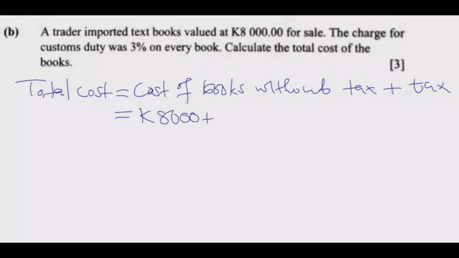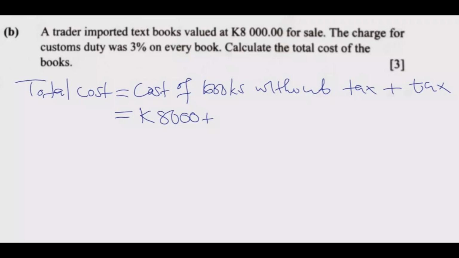tax. Okay, so we are told the tax was charged at 3% on each book. So instead of struggling with how much tax was charged on each book, we are just going to target the total tax that was paid. Therefore, we're going to focus on the money that was spent, which is 8,000.